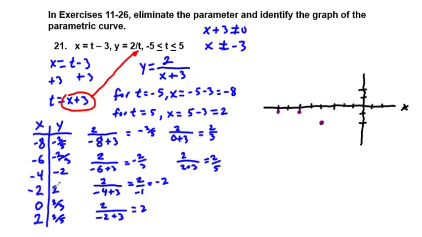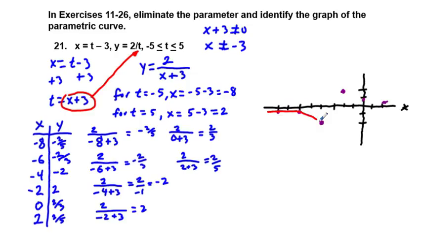And then at x equals negative 2, we have an output value of positive 2. And then at x equals 0, we have a value of 2/3. And then at x equals 2, we have a value of 2/5. So what that's going to look like when we sketch the graph is this.